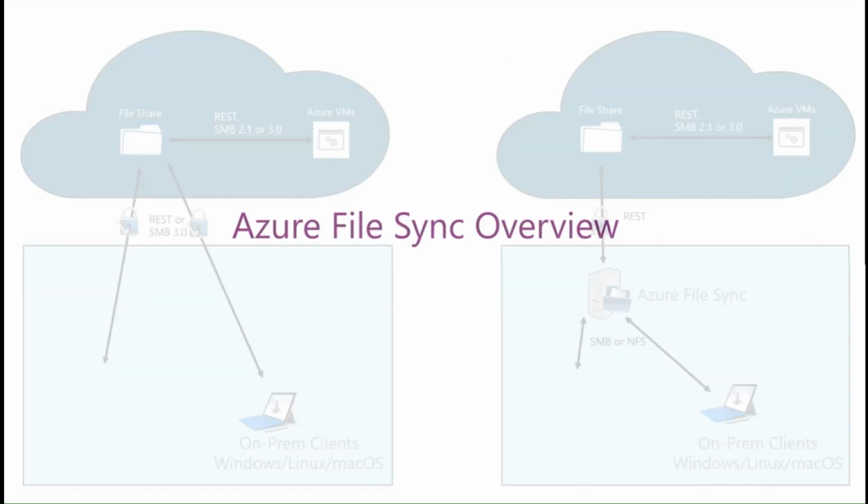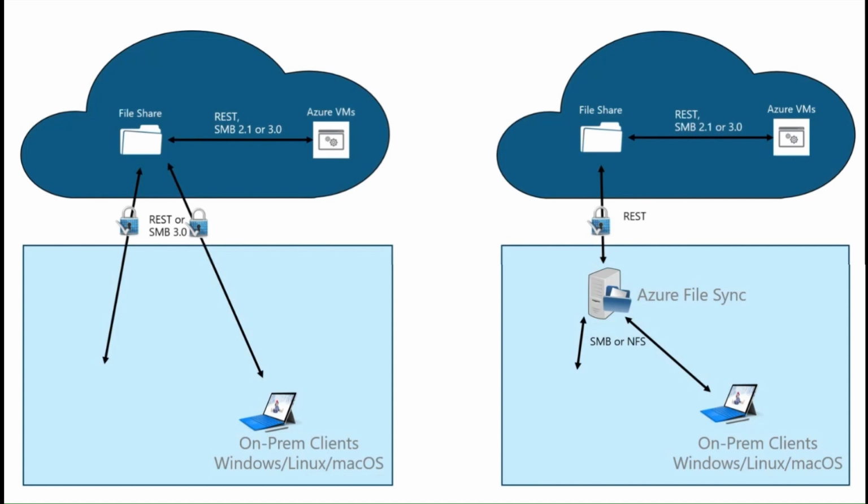So let's talk about Azure File Sync. Azure File Sync really is a way for you to provide a local presence in your environment where you basically can have those servers move to the cloud, but you can still access the files locally, right? This is really a great way to provide a great level of service in a branch office where you don't necessarily manage and maintain them.